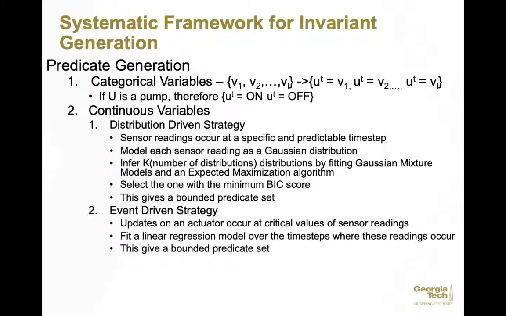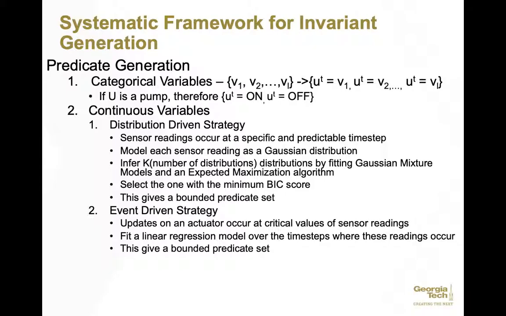Now let's talk about the first step, which is predicate generation. Once again, predicate generation creates a set of meaningful predicates from the data log for the construction of the predicate set. So there are basically two types of variables, categorical and continuous.